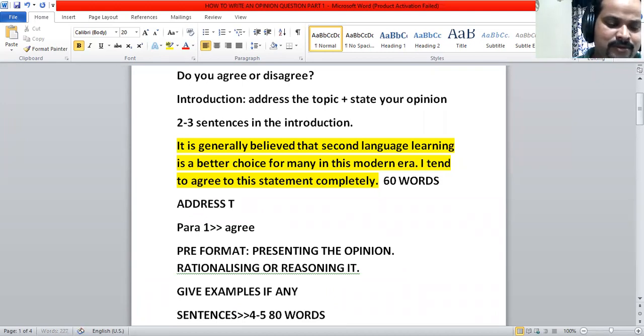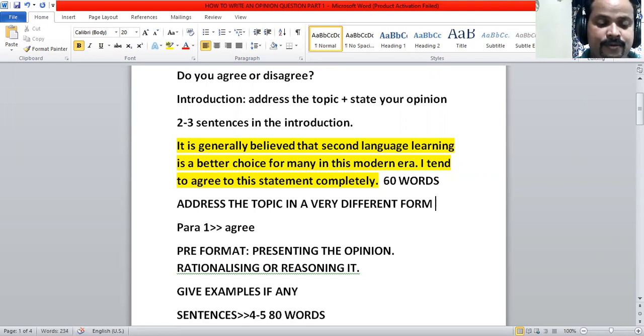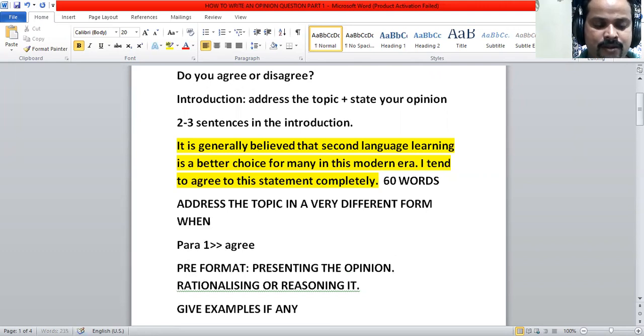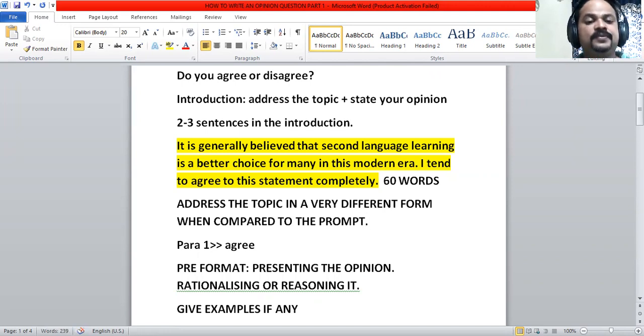Address the topic in a very different form when compared to the prompt. So what is the prompt? The topic given in the question, that's called the prompt.